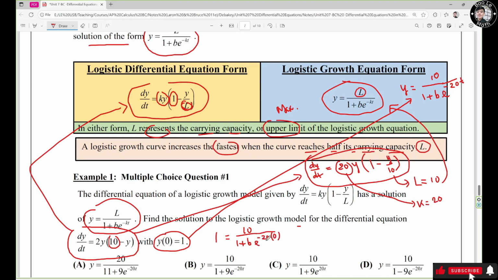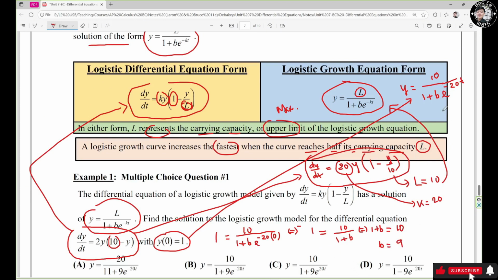So this guy becomes e raised to the 0, it's going to be 1, right? So it's going to be 1 equals 10 over 1 plus b, right? So then 1 plus b equals 10 and b equals 9, right?